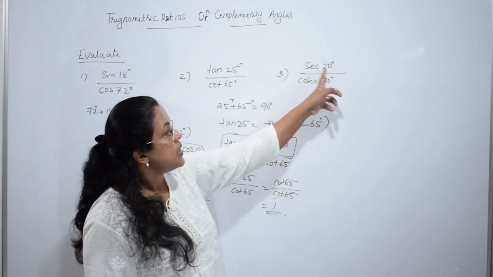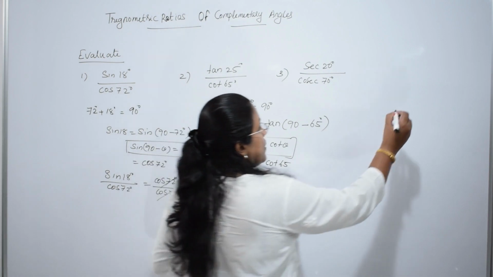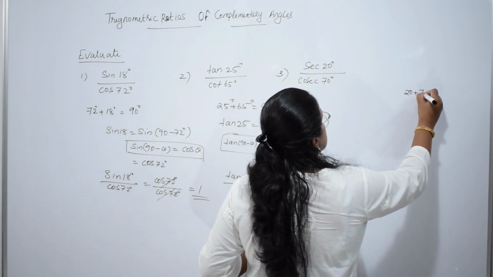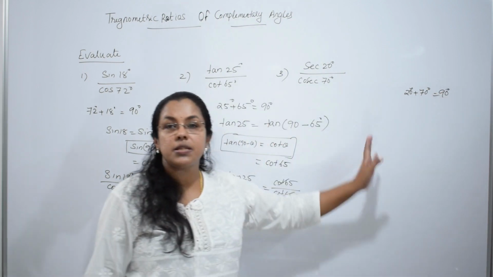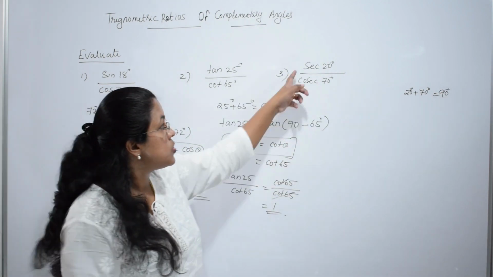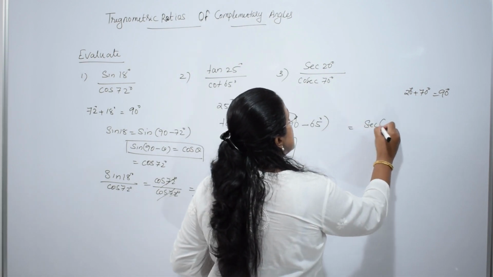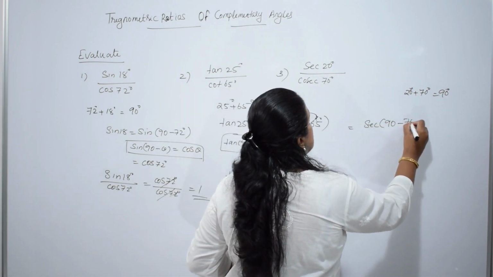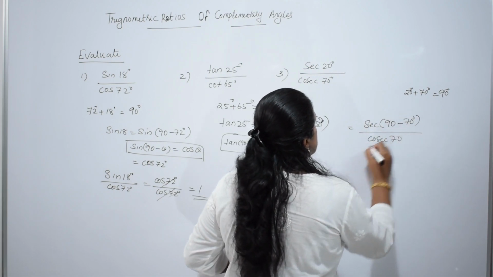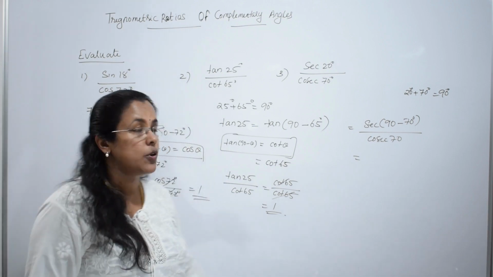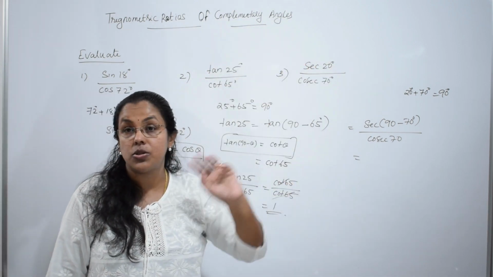One more question. Sec 20° upon cosec 70°. We know 20 plus 70 is equal to 90 degrees. Means they are complementary angles. So how can we write this? Sec 20° can be written as sec(90° − 70°) upon cosec 70° as it is. You can either change the numerator or the denominator. Don't change both.